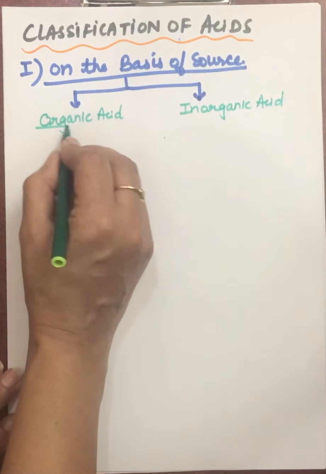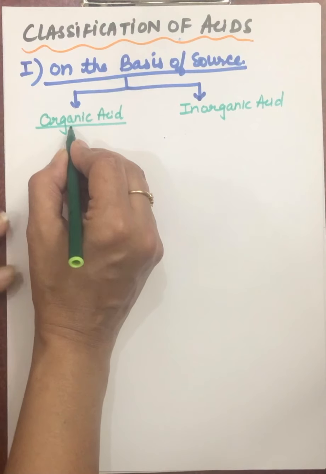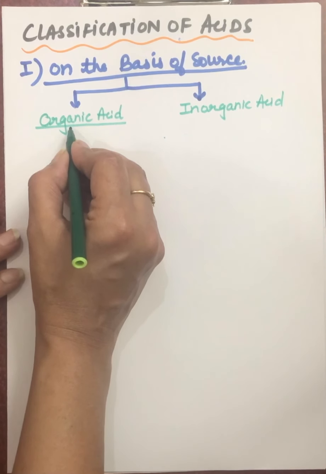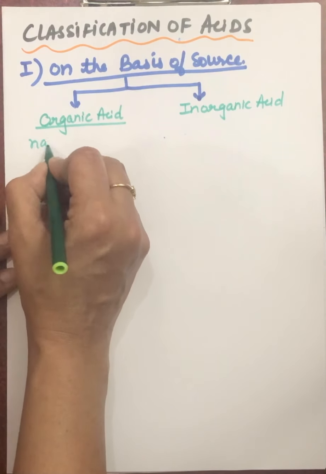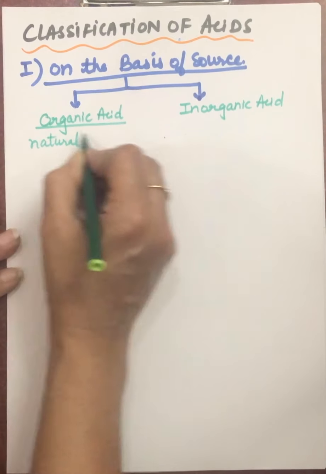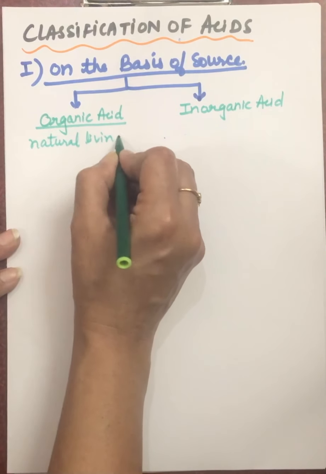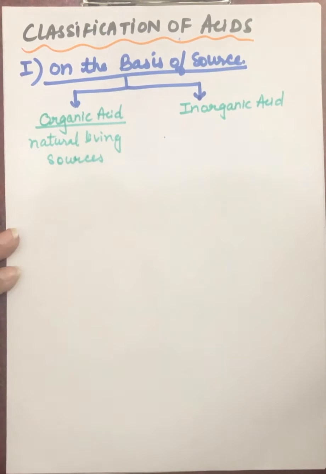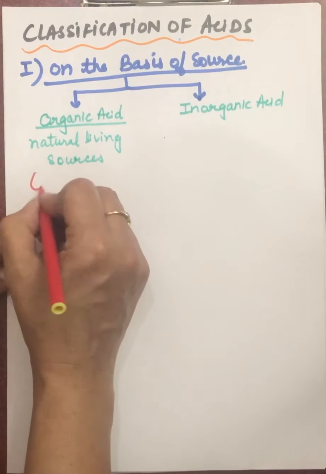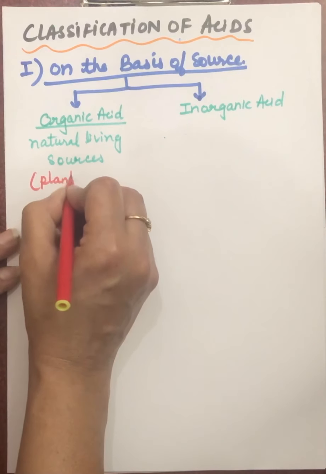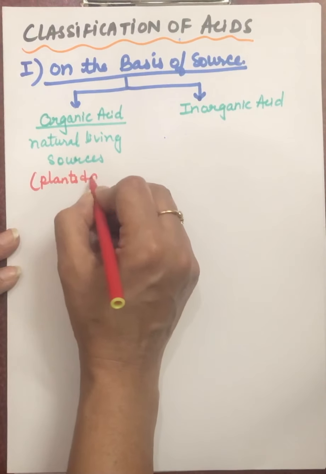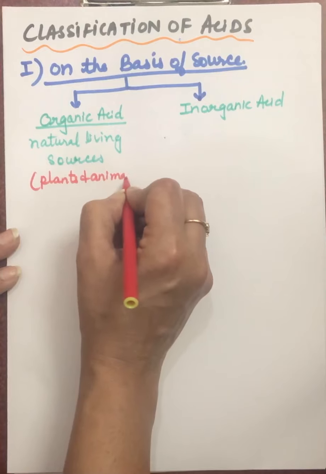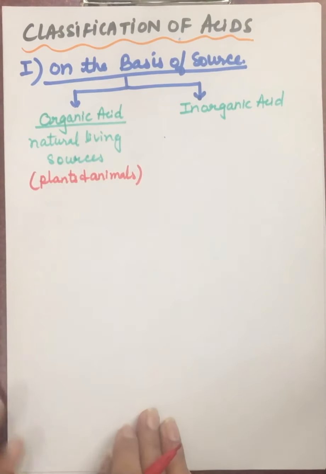Now from the name it's clear, organic means living. So those acids which we get from natural living sources, and natural living sources are plants and animals, are organic acids.